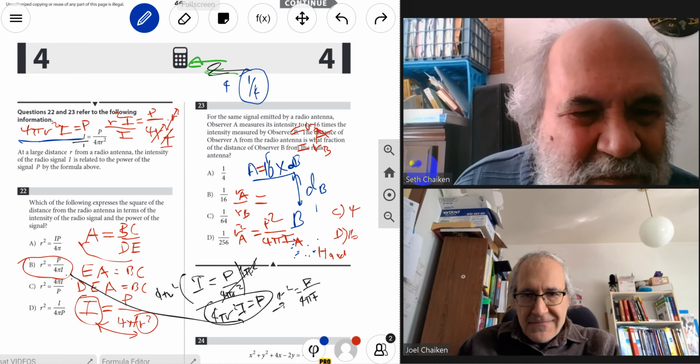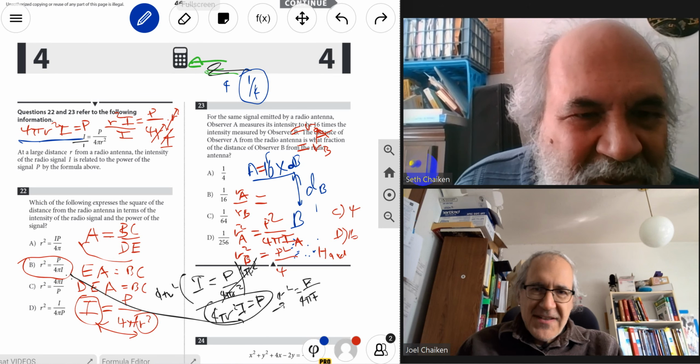And R sub B squared equals P over 16 pi divided by the intensity at B.